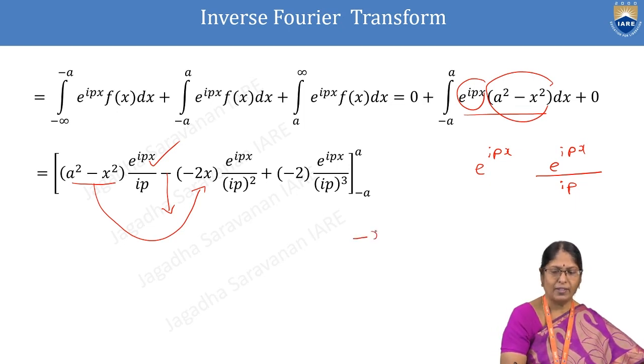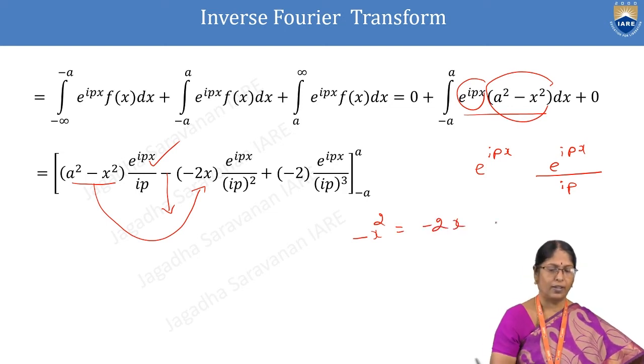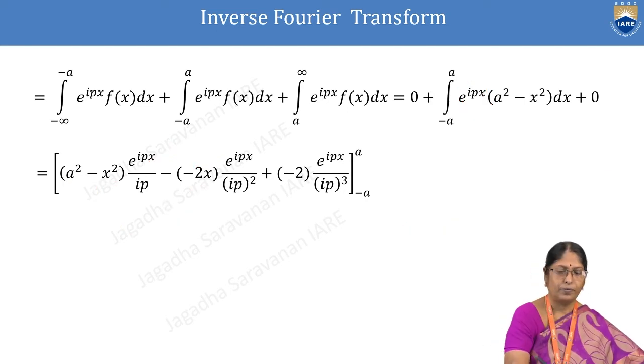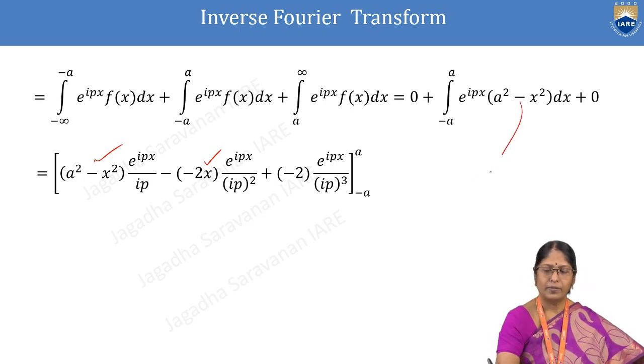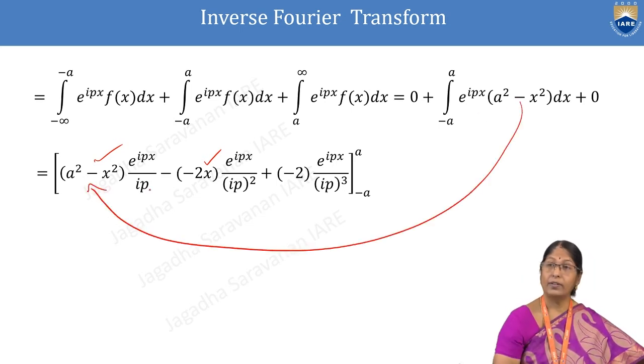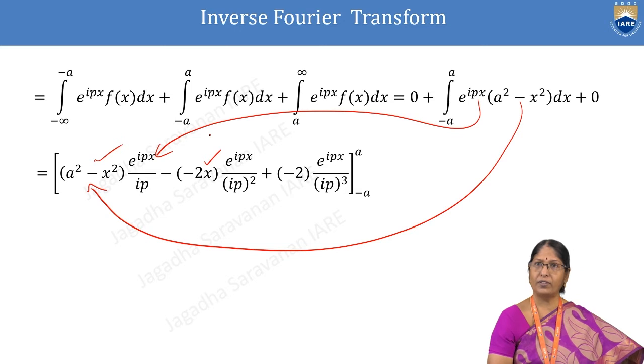So minus x square differentiated is minus 2x. That's what is here. So the algebraic part is written and differentiated, and the exponential part we integrate and put it.